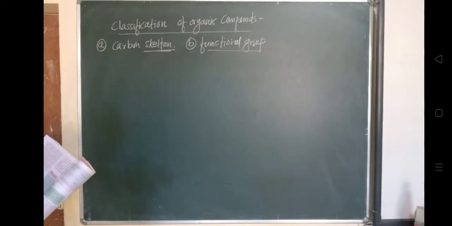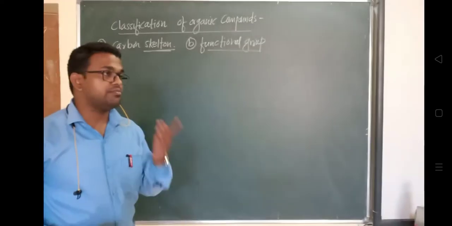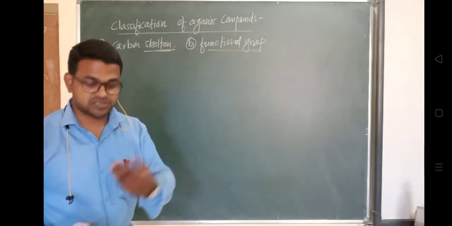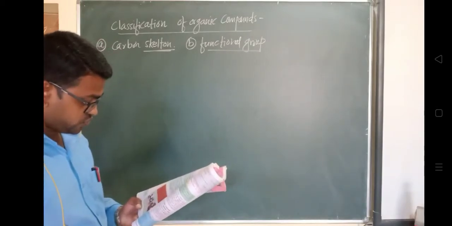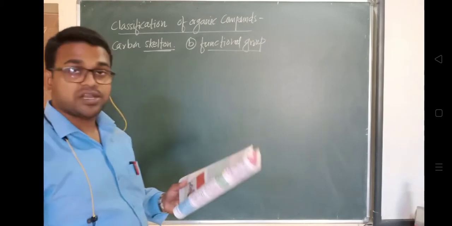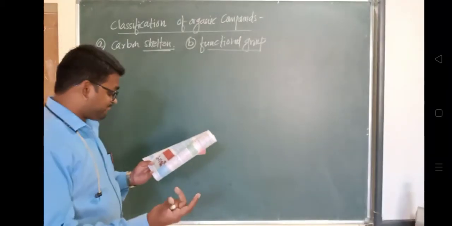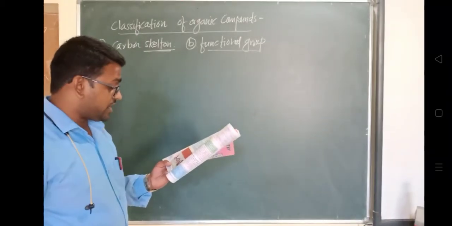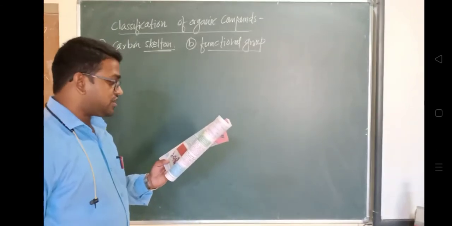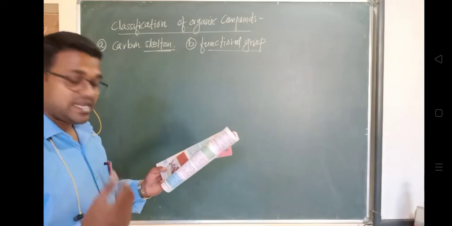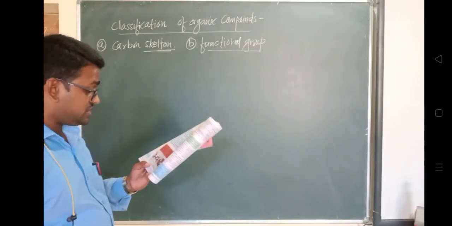We can prepare different models for different structures, so we'll see the molecular models. You can observe diagram 14.5 where a framework model is shown. We can prepare the model of any compound by using balls and sticks, or by using a space filling model.